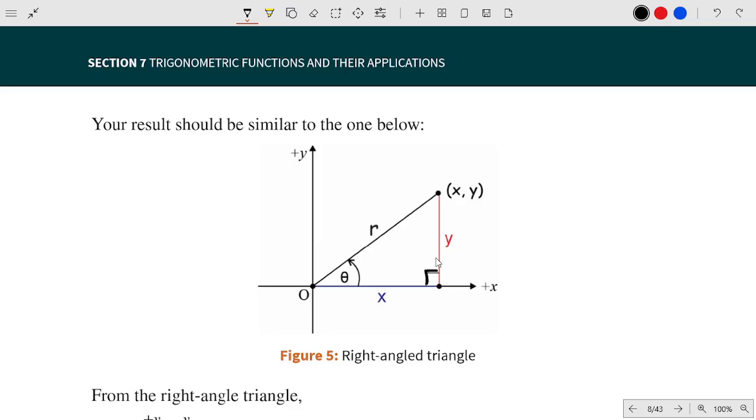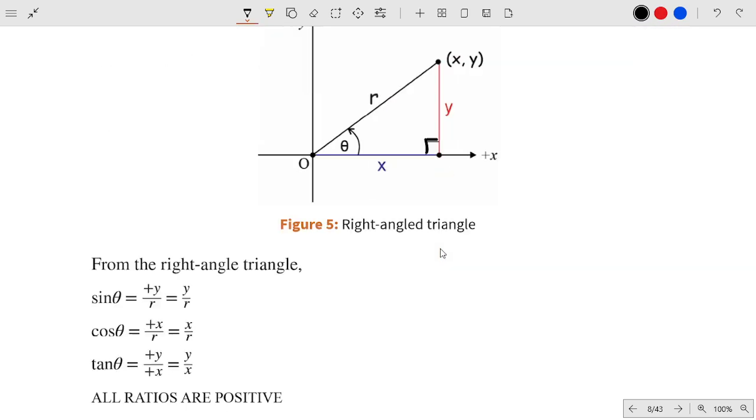Now, when we consider the sine, we said that the sine of this angle here will be equal to opposite on hypotenuse. So in here, the angle is here, so it faces this side. So this is the opposite, and this is the hypotenuse. So the longest side, which is facing the right angle side, is the hypotenuse.